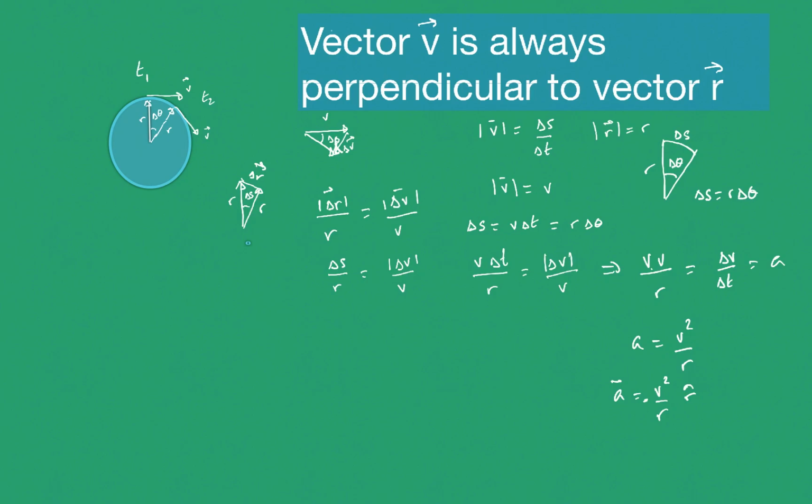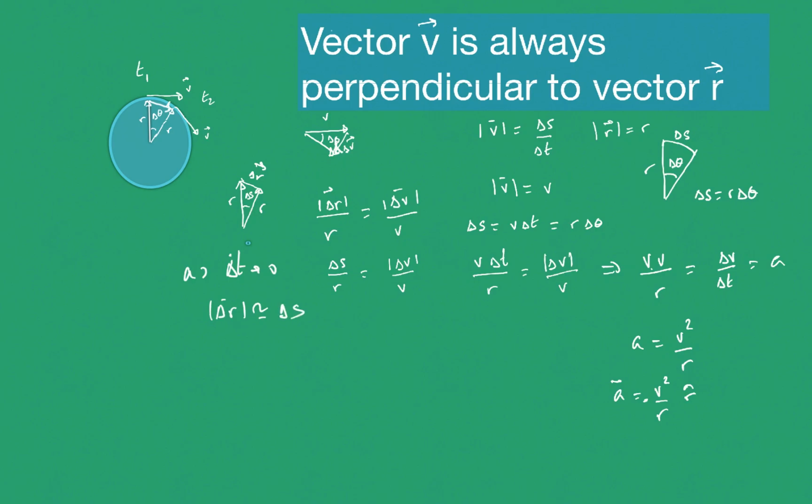Delta r is the vector that goes from the head of the initial r to the head of the final r position. So this is delta r. You see that the length of this vector delta r will be delta s if the time is very small. So as delta t goes to zero, delta r looks similar to delta s.